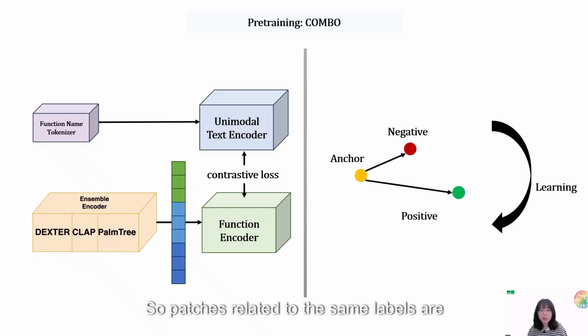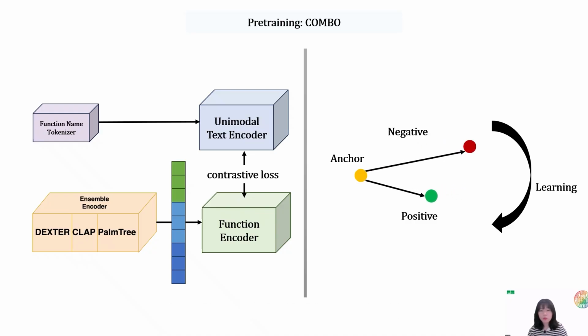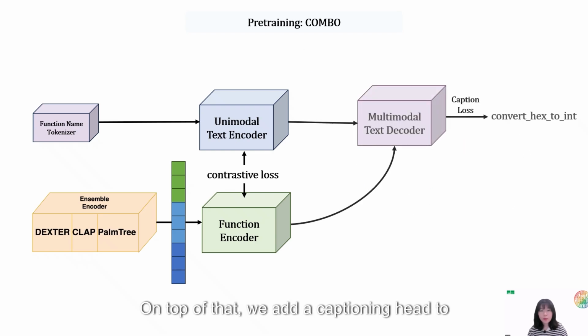So patches related to the same labels are pulled closer, and unrelated ones are pushed apart. On top of that, we add a captioning head to predict the function name directly, which further encourages the fused representation to retain semantic and structural information. So in short, Combo turns diverse binary representations into one unified embedding space, ready for the next stage.